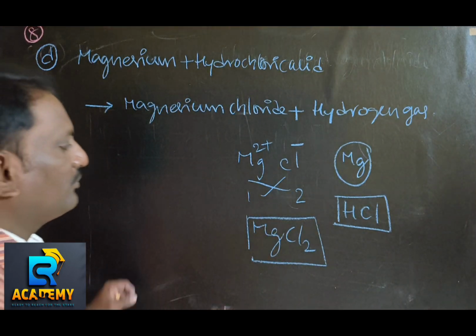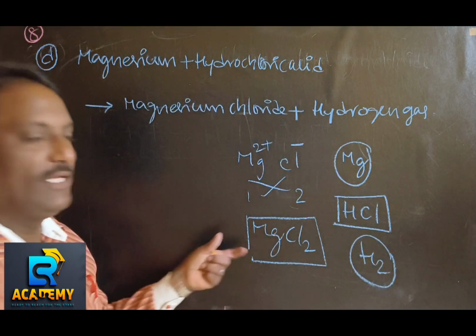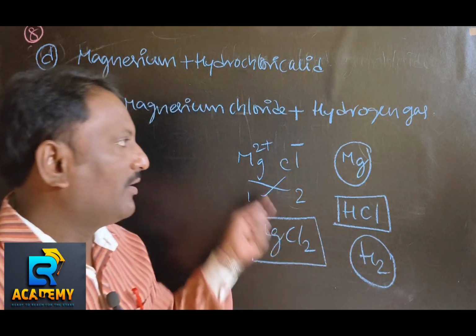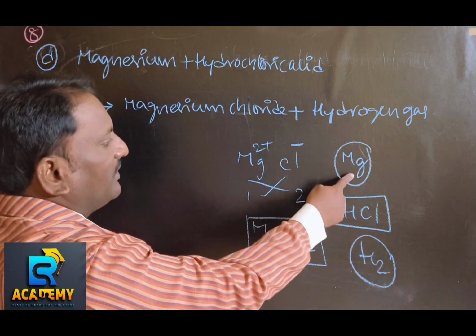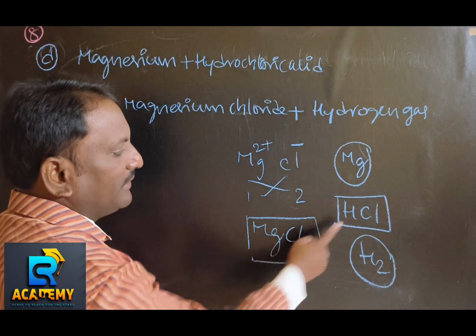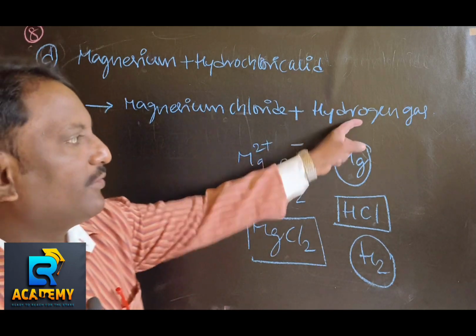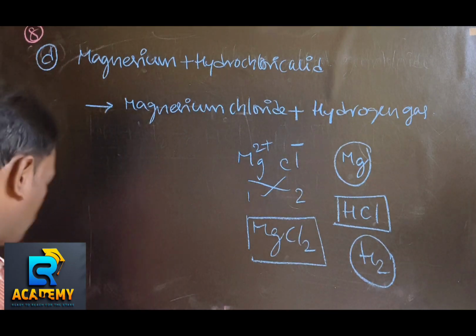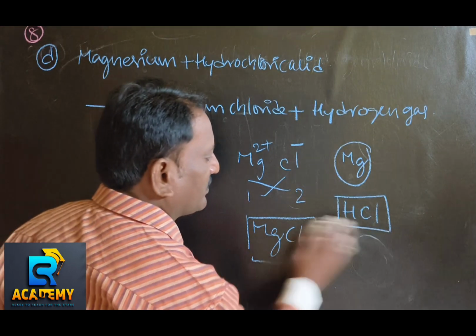Next is hydrogen gas, so H2. So these are the chemical formulae of reactants and products in the given reaction. Now let us substitute these formulae in the equation.